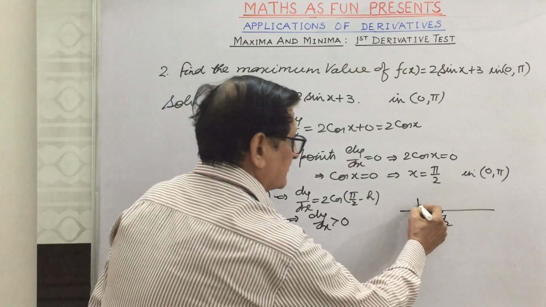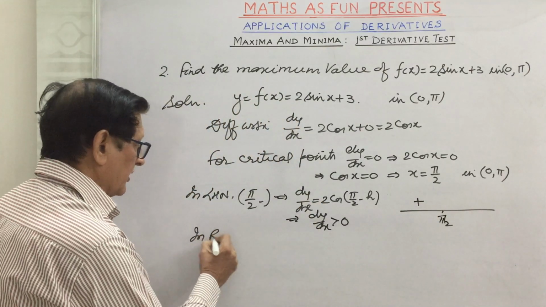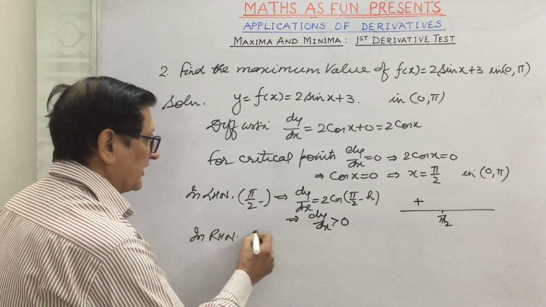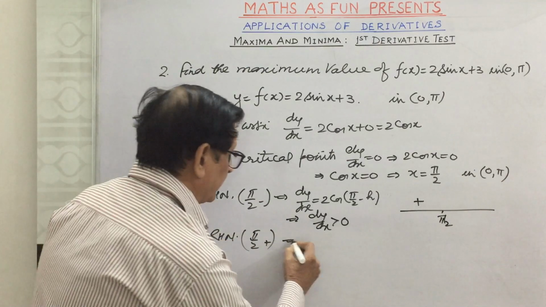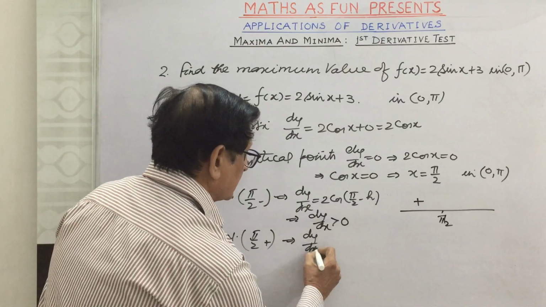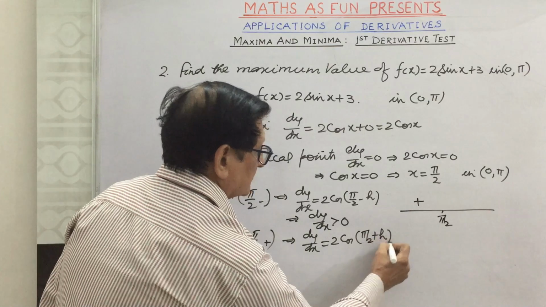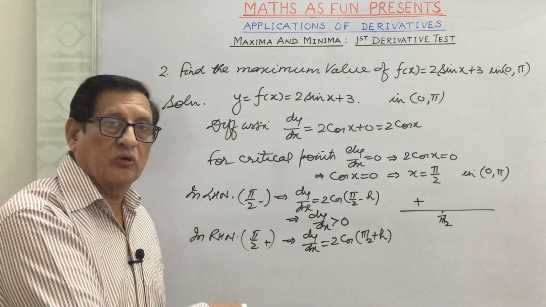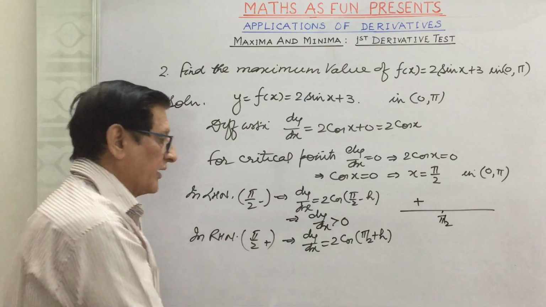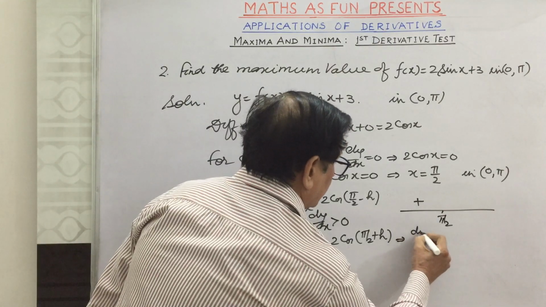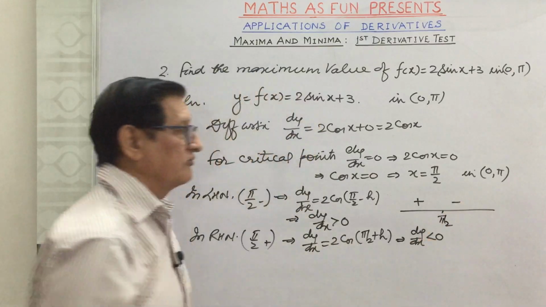So this is positive here. If we go to the right hand neighborhood, that is pi by 2 plus h, we find dy by dx is equal to 2 cos of (pi by 2 plus h). It comes in the second quadrant, and we know in second quadrant cos theta is negative. It means we are finding dy by dx is less than 0, so it is negative on the right side.